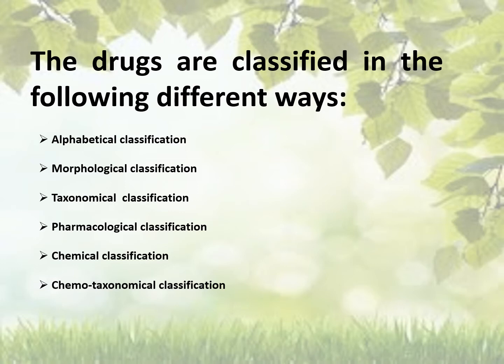The various systems of classification of crude drugs are alphabetical classification, morphological classification, taxonomical classification, pharmacological classification, chemical classification, and chemotaxonomical classification. Although each system of classification has its own merits and demerits, for the purpose of study, the crude drugs are classified in these systems.